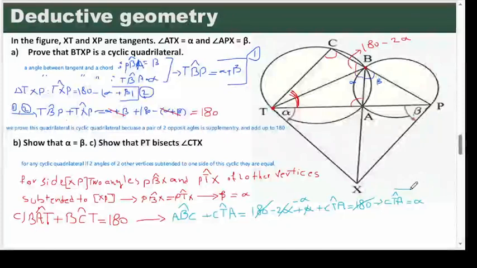I could prove CTA equals alpha. So CTA equals ATX equals alpha.